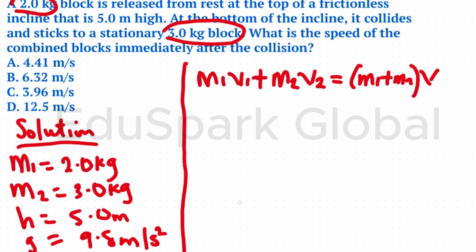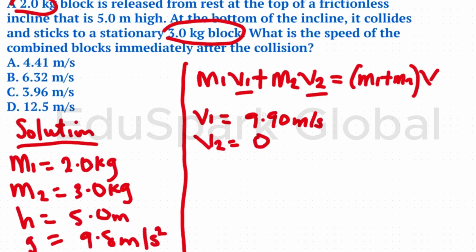Remember that v1 is the velocity before collision, v2 is the velocity after collision, and v is the common velocity. Okay, now we've calculated our v1 to be 9.90 meters per second. Our v2 equals 0.